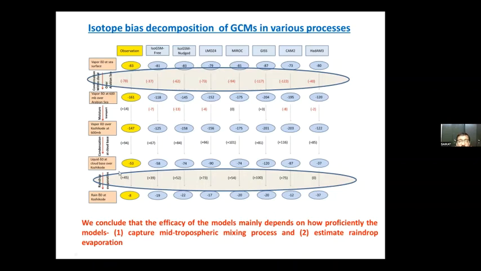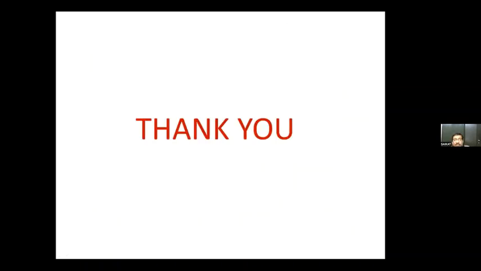Secondly, we also made a raindrop evaporation model, and we see that the model biases also originate from differences in their rain evaporation schemes. So these are the two parameters which need to be improved in order to get a better simulation. This is our conclusion from the monthly analysis, and the daily and weekly ones I have already discussed earlier. So thank you.